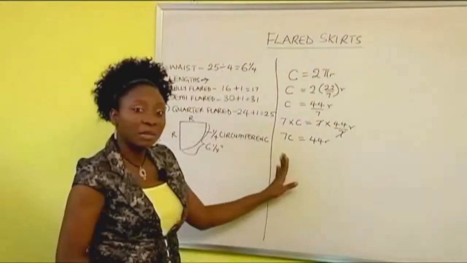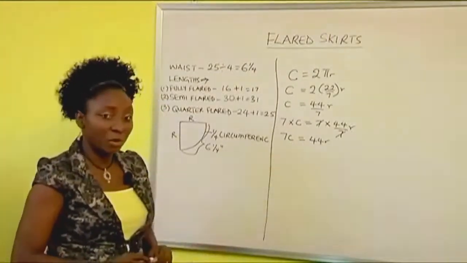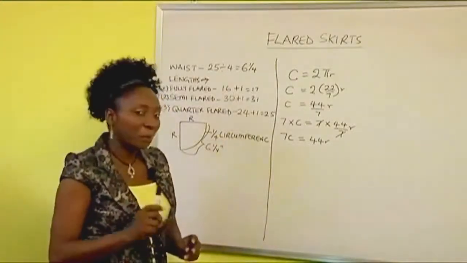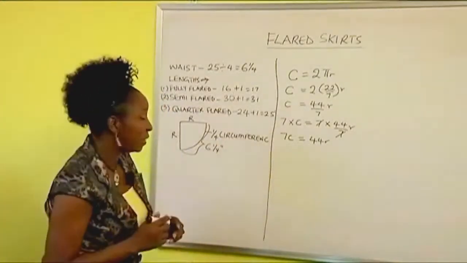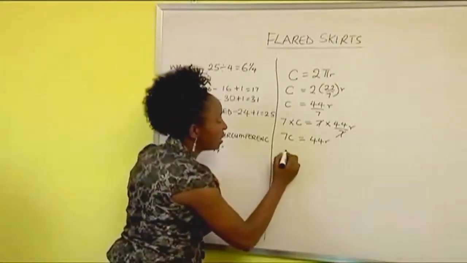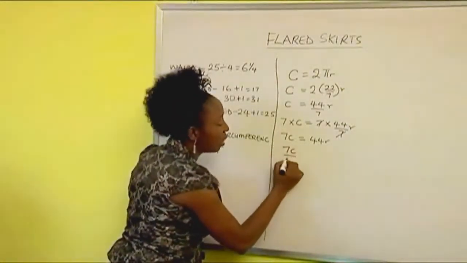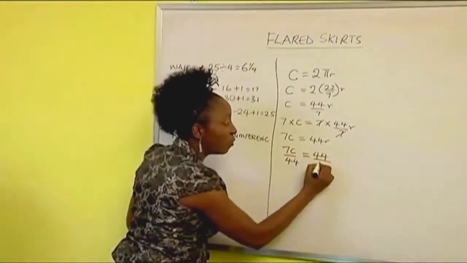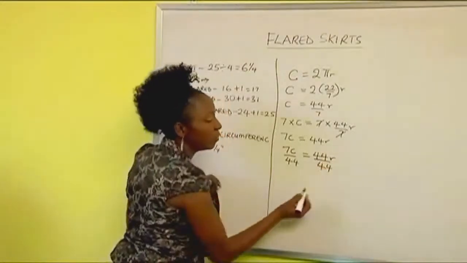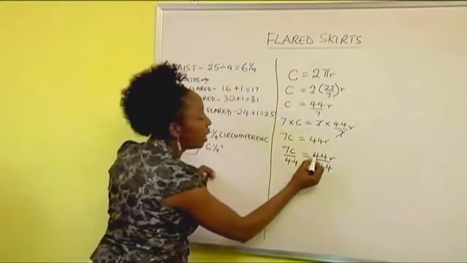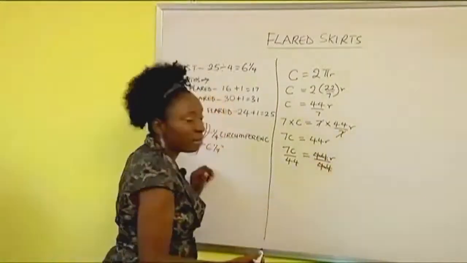So you can see that we're very close to making r the subject of the formula. So I want to take this and divide both sides by 44. Very clever. That's why mathematics is very good for life. So 7C divided by 44 would give me 44/44 r. Now, I just cancel 44 with 44, and then what I'm left with is r.